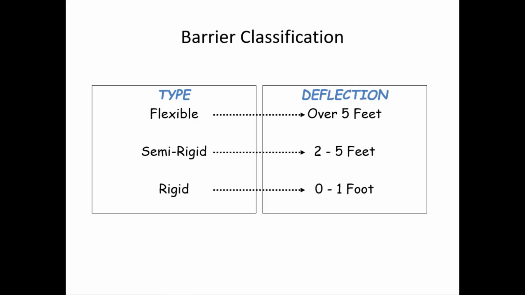Actually, I think I called the middle one semi-flexible. Maybe semi-rigid is a better term, but 2 to 5 feet of deflection, that would be the W-beam guardrail. The rigid would be your concrete, and then the flexible would be the cable type barriers. Over 5 feet, I think some folks talk about 12 feet as the typical deflection for a cable barrier.